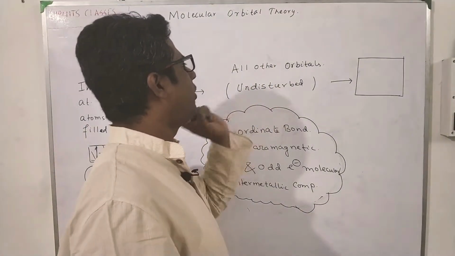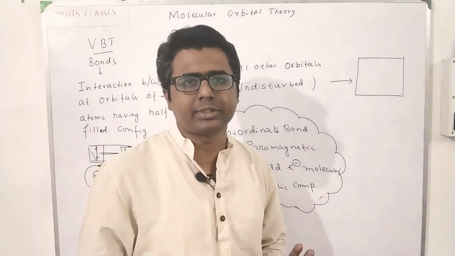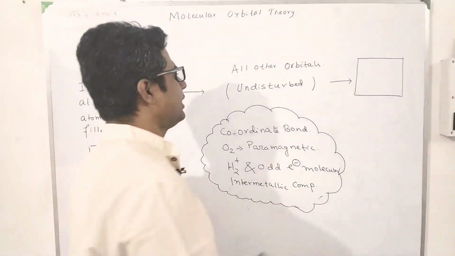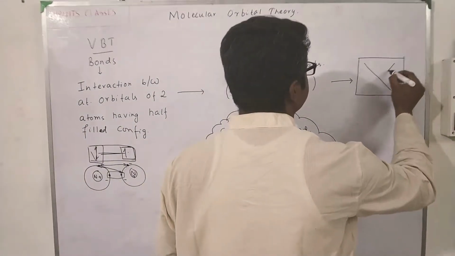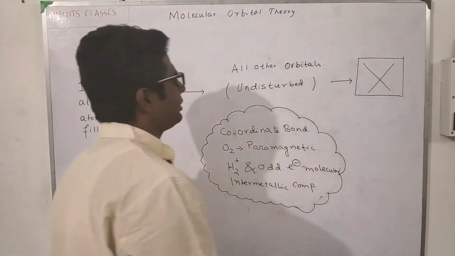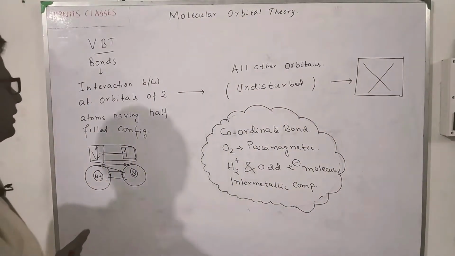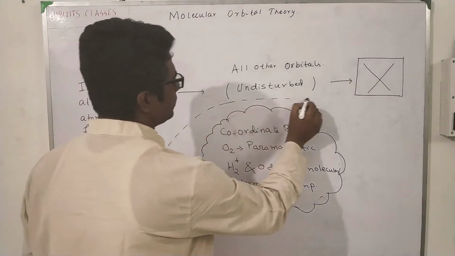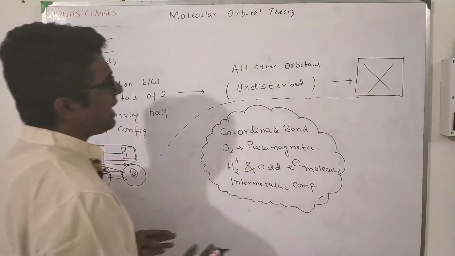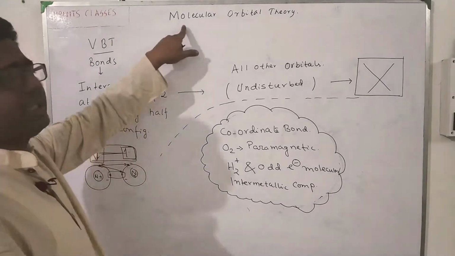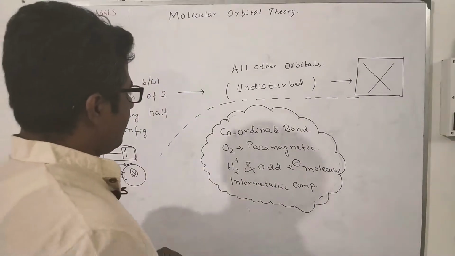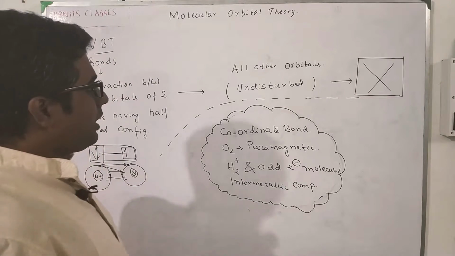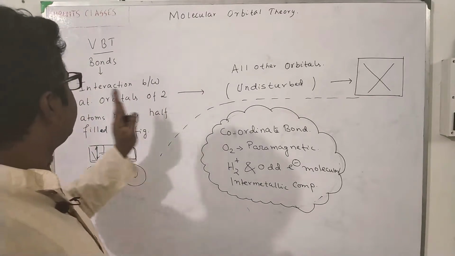It says all the other orbitals remain undisturbed, which we think is not possible. So this is the main issue with the valence bond theory. So for that we will bring up a new theory, which is the subject matter today. This is the main problem with the valence bond theory.